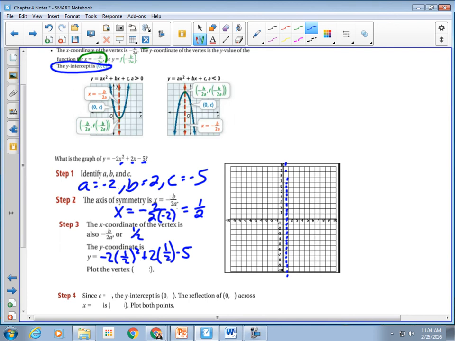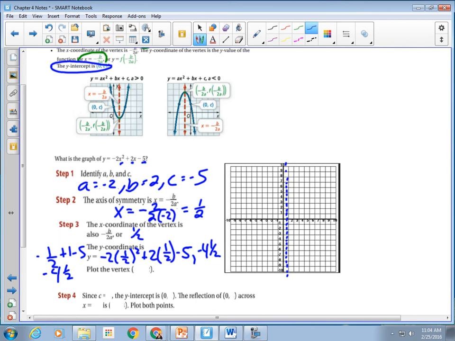So do the math with me. 1/2 squared is 1/4 times negative 2 is negative 1/2. 2 times the 1/2 is 1. And minus 5 is minus 5. Negative 1/2 plus 1 is 1/2. 1/2 minus 5 is negative 4.5. So our y-coordinate is negative 4.5.